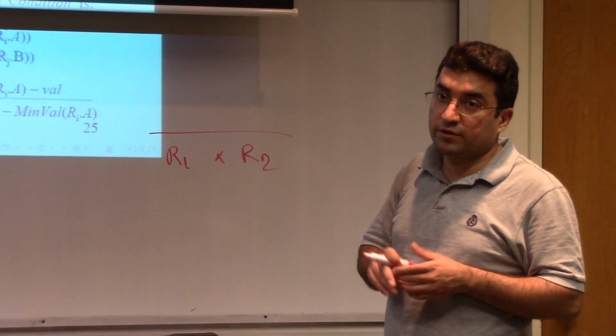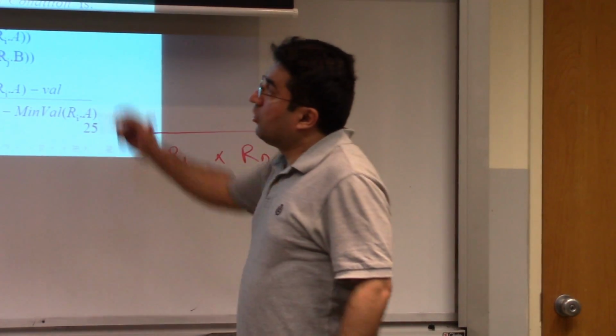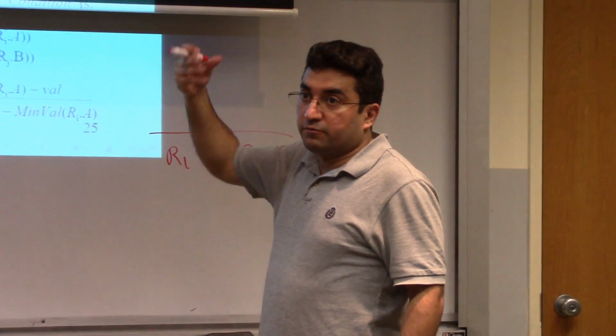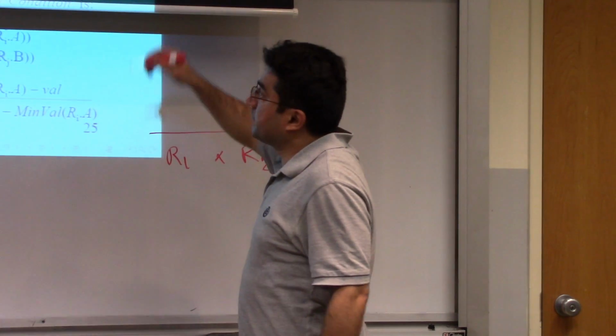20. We have 20. Suppose that we have R2 records here, and 20 professors for those R2 records. What is the minimum number of records?